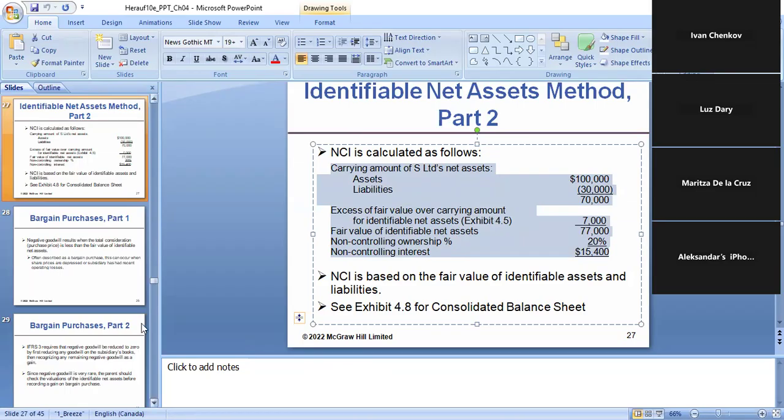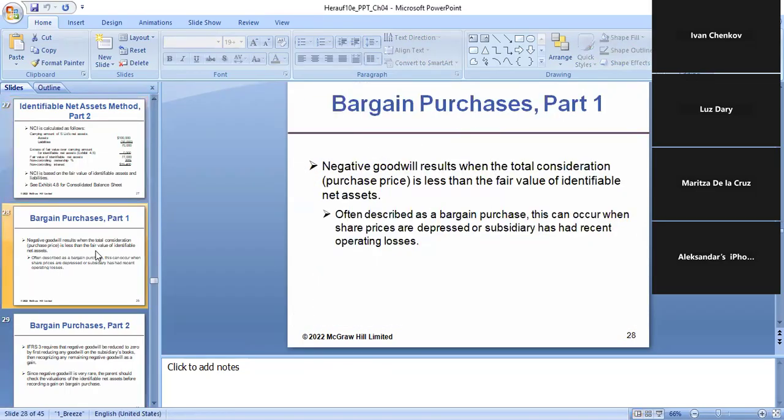Okay. So now, negative goodwill. The question that you asked me before. Remember those? You asked me what's going to happen if we have a negative goodwill. Well, if we have a negative goodwill, that means we're paying a bargain price. That means we're buying something below the fair market value.